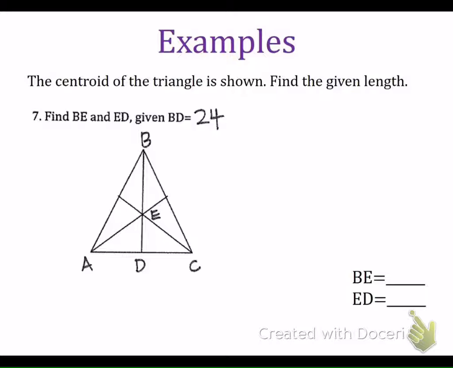All right, so here they give us the length of the entire median. From here to here, it's 24 units long. Now, they're asking us to find the 2 segments that are made from the median created by the centroid. So the entire median, the centroid's here. I want to know how long this guy is and how long this guy is.